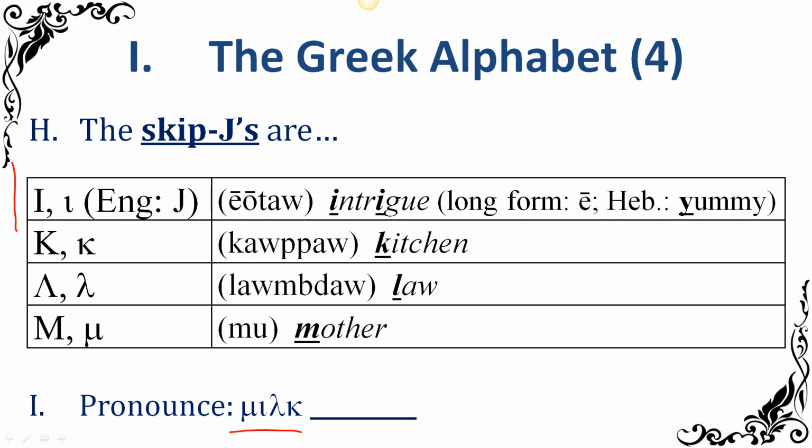When it actually says its name that we normally think of with the iota, that's because it is either at the end of a word or there is a vowel sound right after it. That's when it will say its name. Otherwise, it's like the first I in intrigue. It's just I.